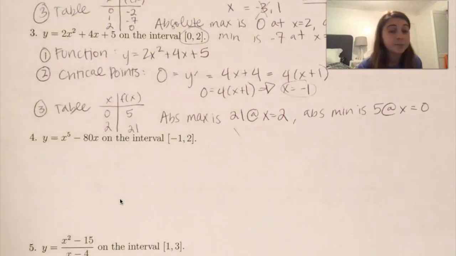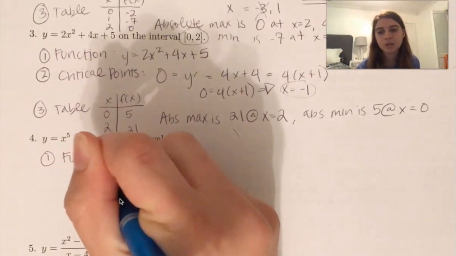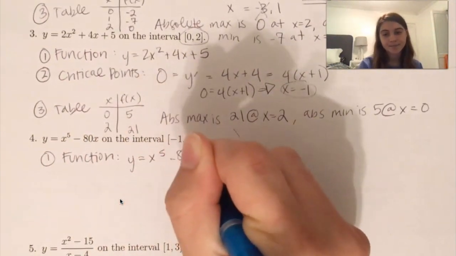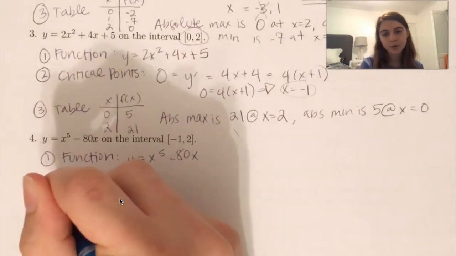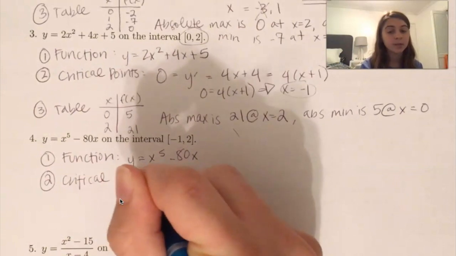Number 4, we're going to get some fun factoring here. Once again, locate the function. It's just y equals x to the 5th minus 80x. And for critical points, set the derivative equal to 0.